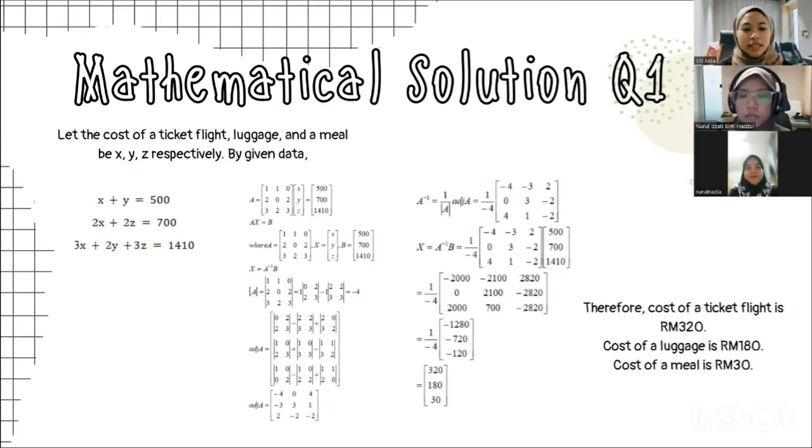The next step is to find the adjoint of matrix A, which finds all the cofactors A1, A2, A3, B1, B2, B3 and C1, C2, C3. So the adjoint is equal to -4, 0, 4, -3, 3, 1, 2, -2, -2.